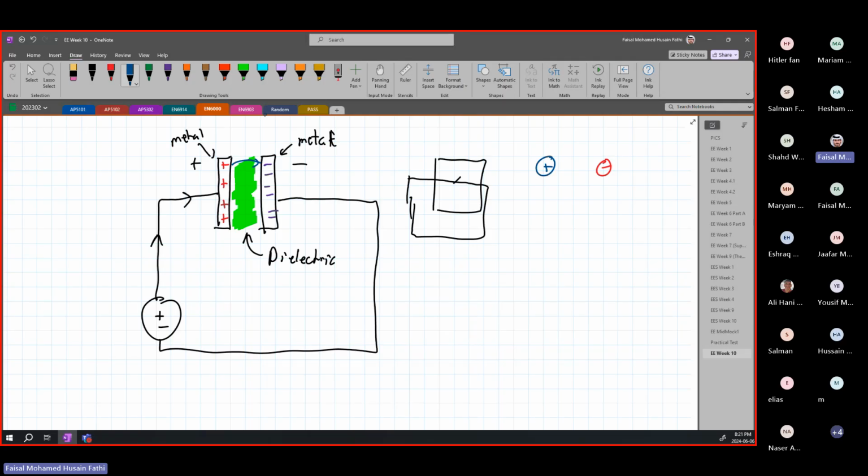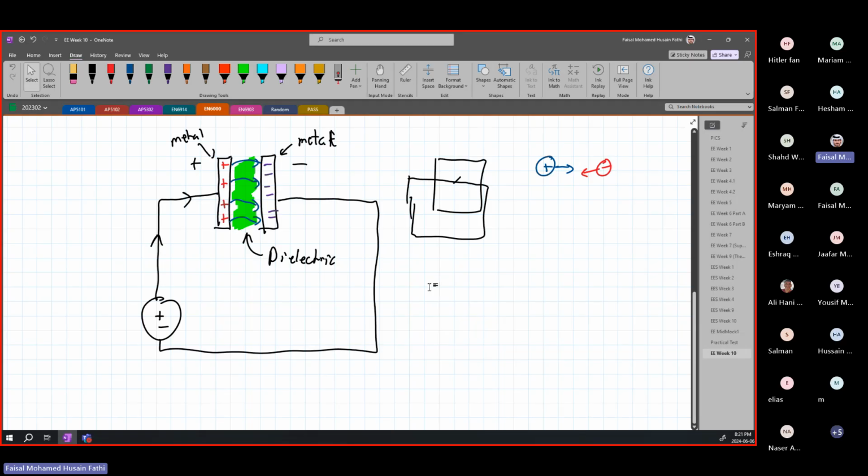So there's a force making these attract and go towards each other. This electrostatic force is how they store the voltage between these two metals.